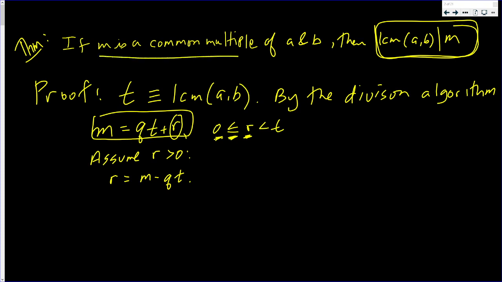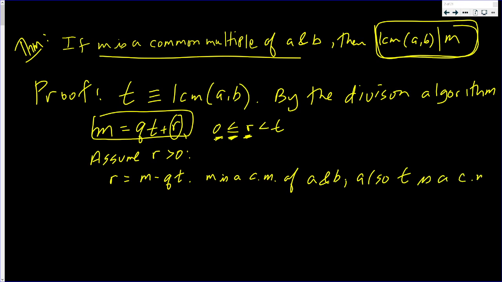But we're told that m is a common multiple of a and b. Also, t, being the least common multiple of a and b, is a common multiple of a and b.